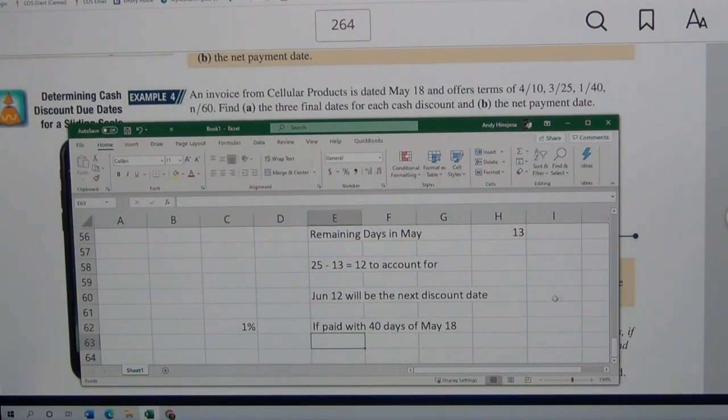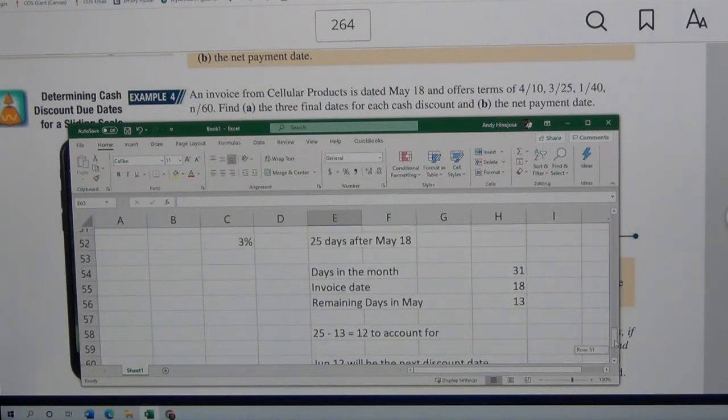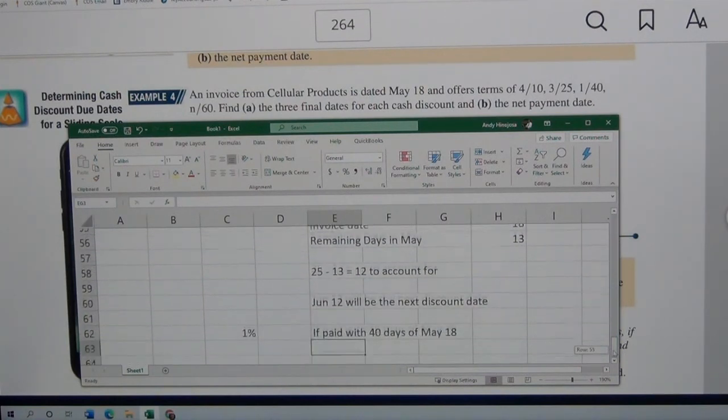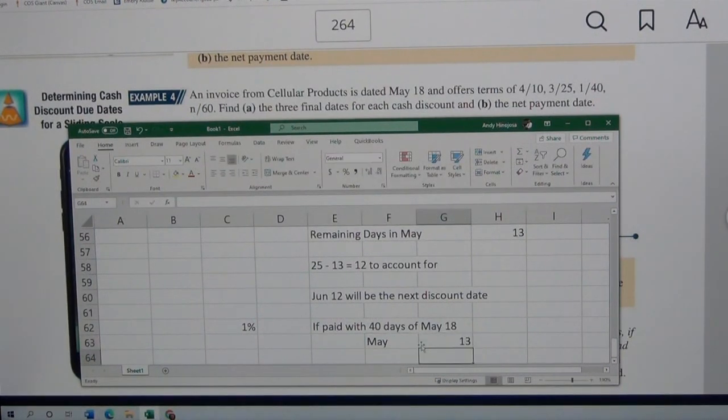The first part is going to be pretty easy. We've already figured out how many days are remaining in May. There's 13 days in May, so that's what we're accounting for.